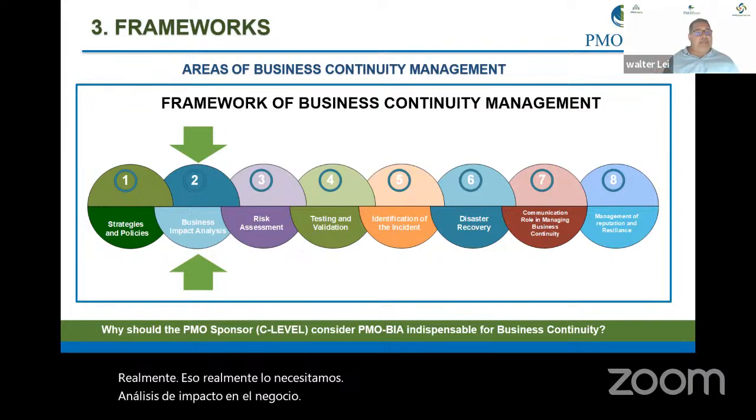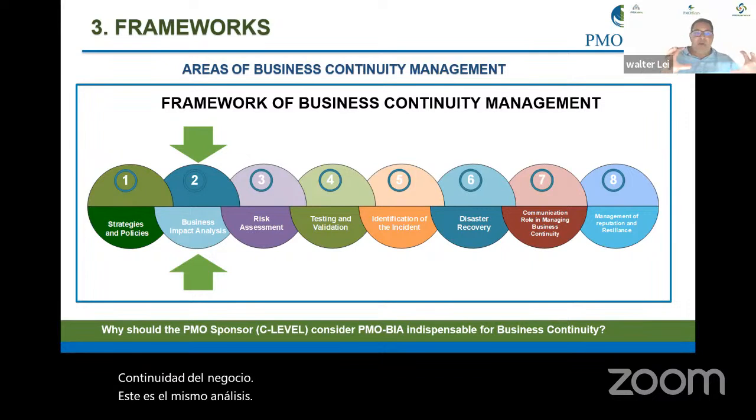Okay, as you can see here, this is the framework for business continuity management. But within it are the business impact analysis, risk assessment, testing and validation, then identification of a need, and then the disaster recovery. So we're not talking about business continuity as an entity, or business impact analysis as an entity, or disaster recovery as an entity.